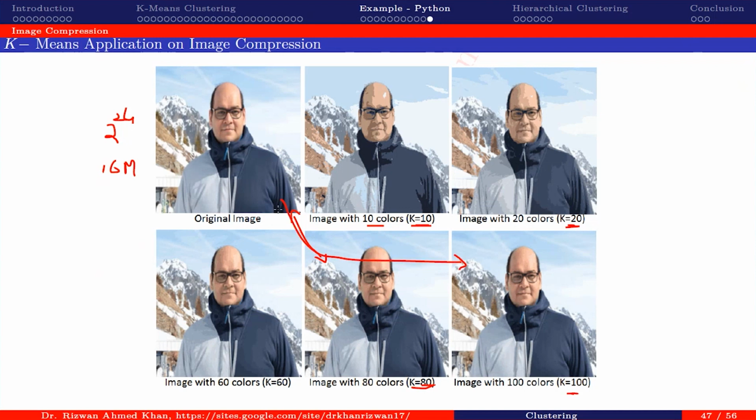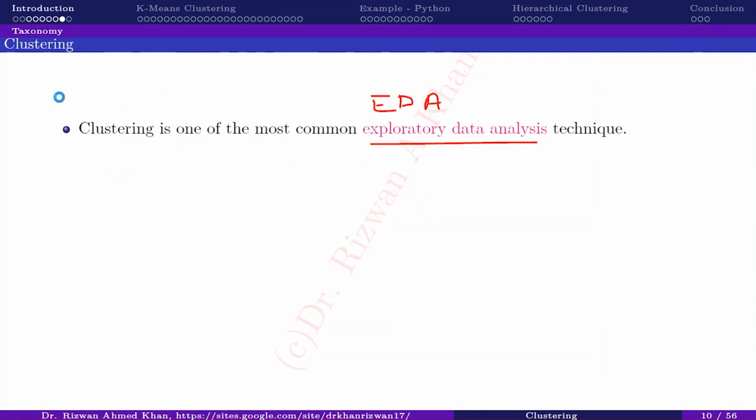So we can very aggressively code this image from 16 million colors to only 100 colors using the clustering idea or unsupervised learning, right? So this is a very important application area again if you are working in the compression or image compression domain, right?